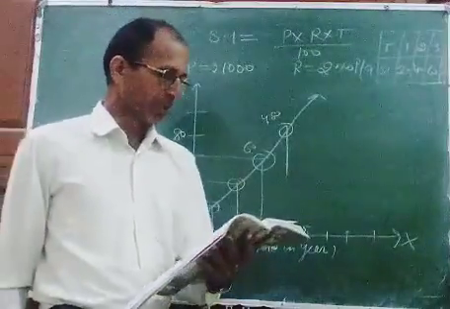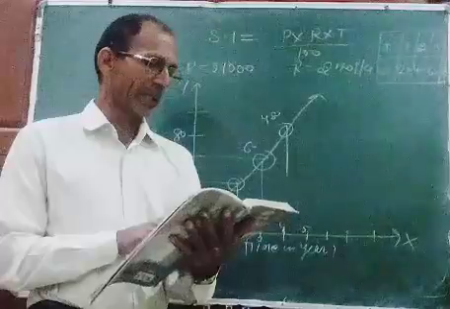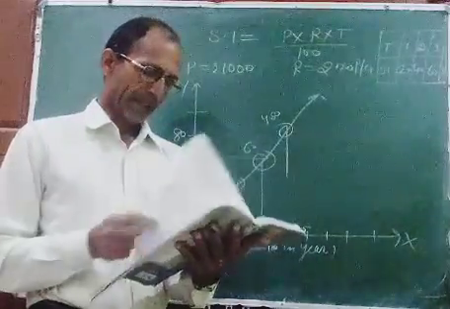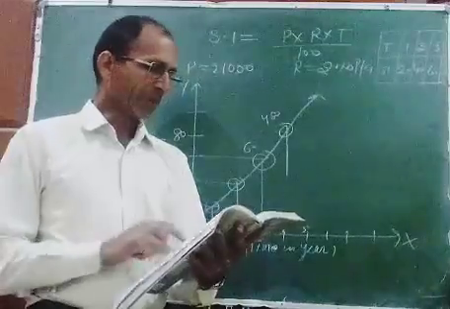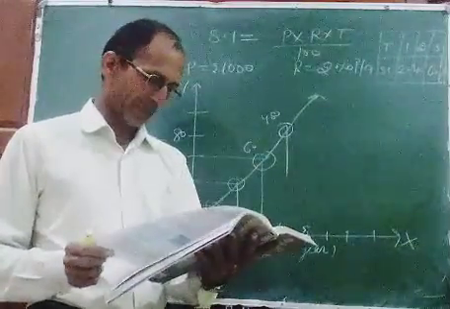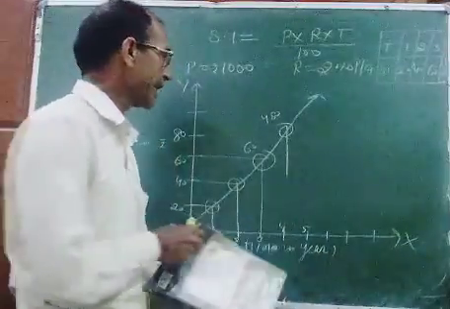Exercise 12.2 is also related to this one. In a distance-time graph as shown in the figure, the velocity will be... It means what is the formula for velocity, and one more point I would like to explain before this one. So, velocity.